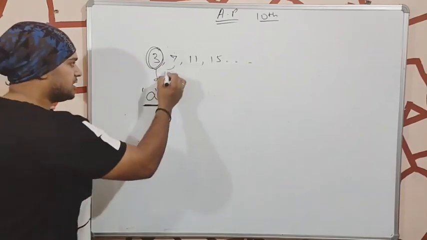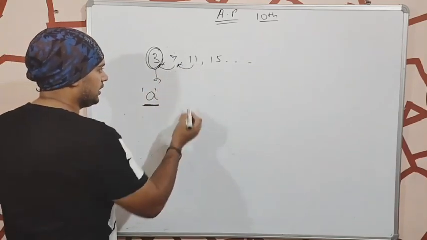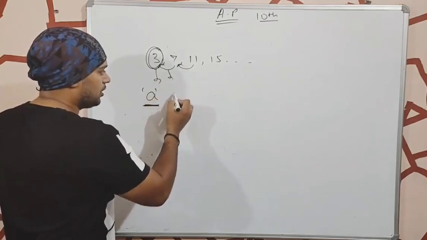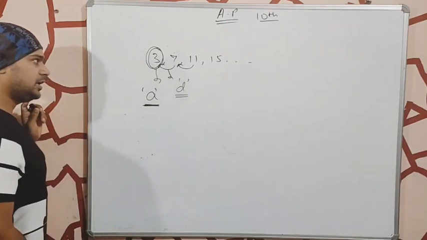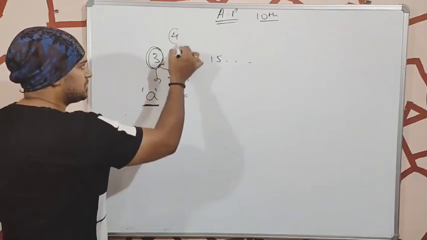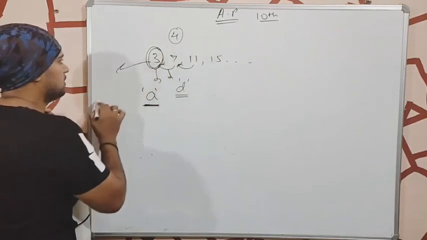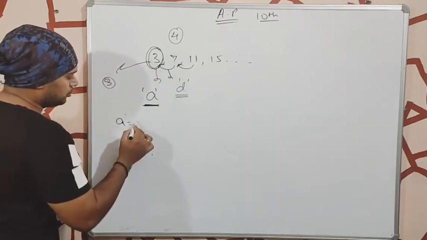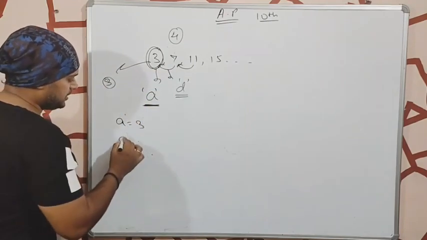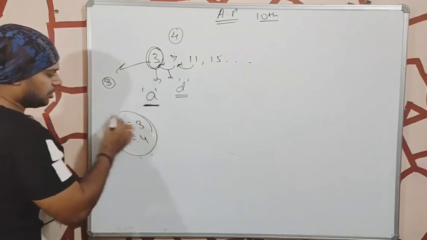And the difference which the consecutive terms are holding is called the common difference, and is denoted by small letter d. Here the common difference is 4 and the first term is 3. So a is equal to 3 and common difference d is equal to 4. Got the point?